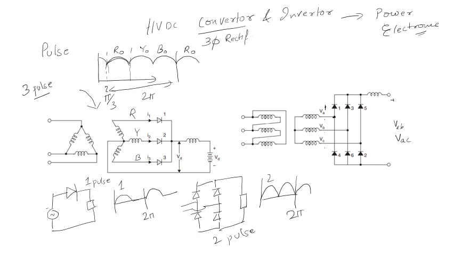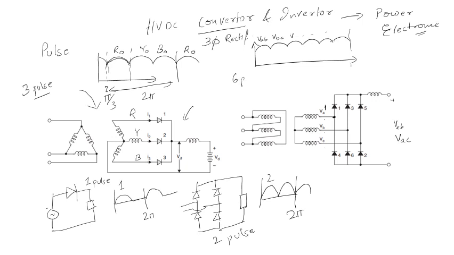So you are getting actually a line voltage, whereas here you are getting a phase voltage. So for this type of converter, for a 2 pi cycle, you are getting 6 pulses. So this was your VAB, VCA, and so on.